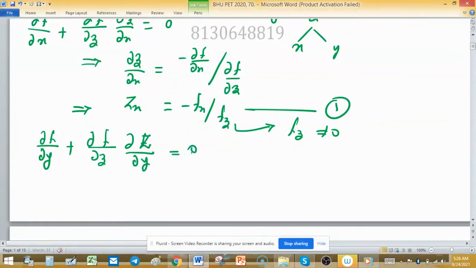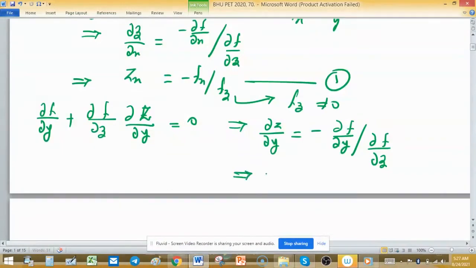So the right hand side will be 0 because I took the partial derivative of f on the left hand side. So what I obtained from this, partial z with respect to y equal to minus partial f with respect to y divided by partial f with respect to z.